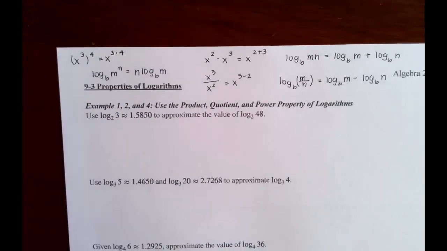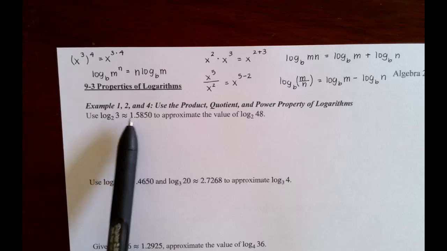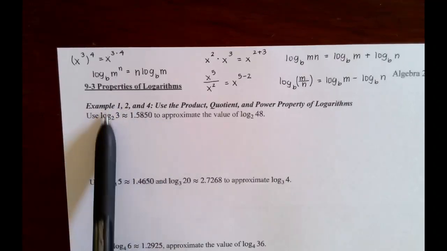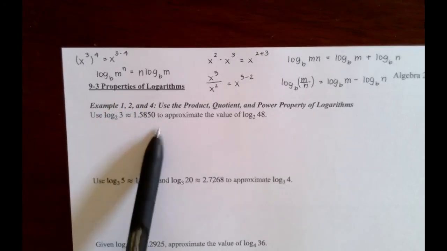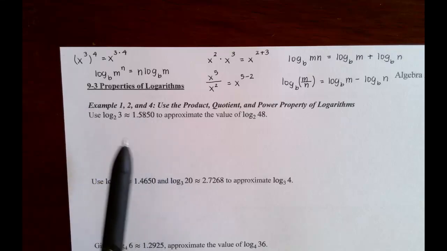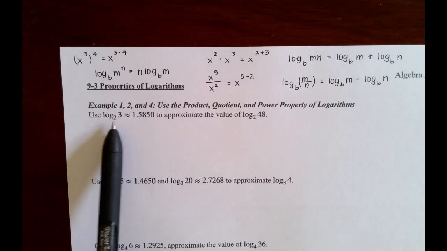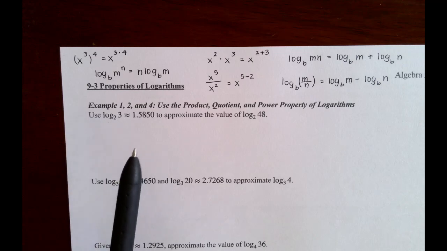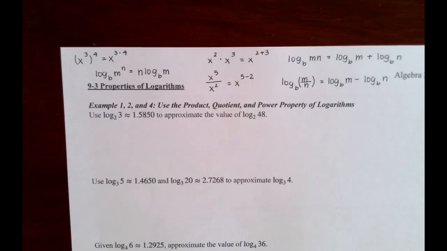So no calculator allowed generally, so that you're forced to use these properties and understand how they work. Also, some calculators don't let you change the base of the log. It's always just the common log, which we'll learn later is log base 10.